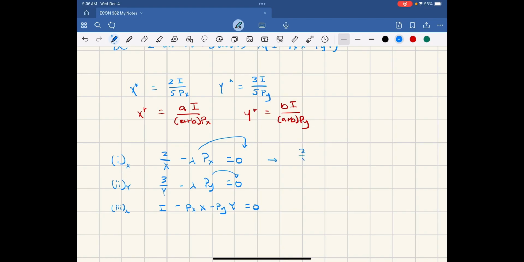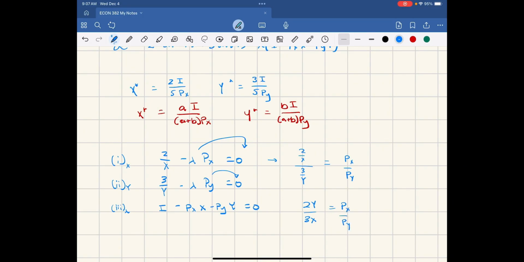So I get 2 over x divided by 3 over y is equal to px over py because the lambdas cancel out. And so this simplifies to 2y over 3x is equal to px over py.